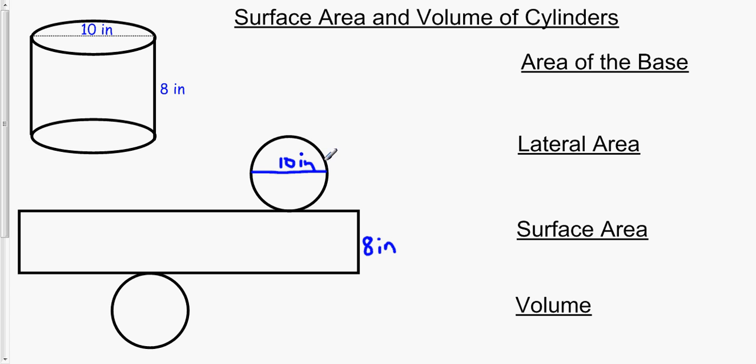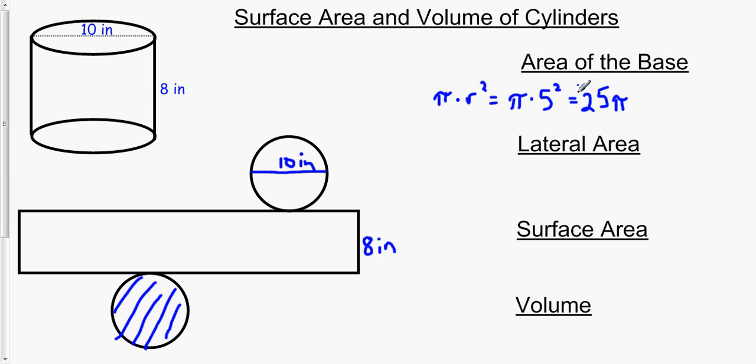So let's start answering some of these questions. They ask us for the area of the base. Well, the base is this circle, and the base is also this circle right here, so you just have to give the area of one of those. For the area of a circle, you're going to do pi times radius squared, which would be pi times 5 squared, which is 25 pi. This would be our exact answer.